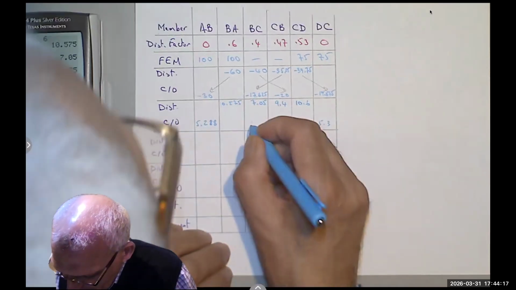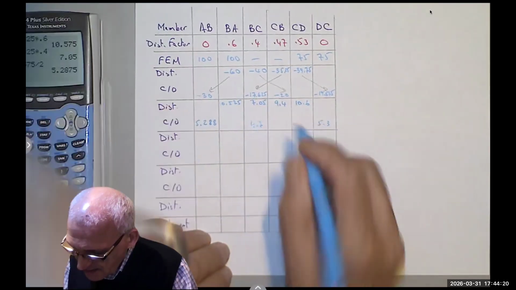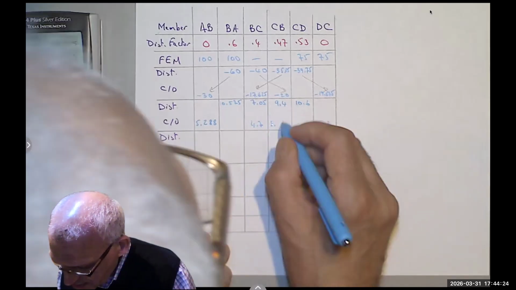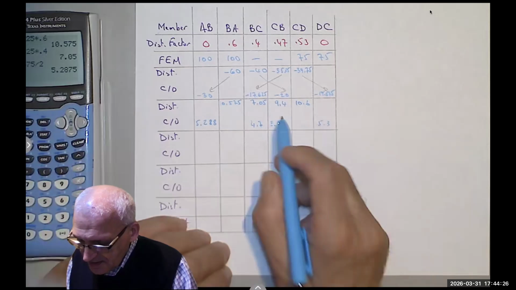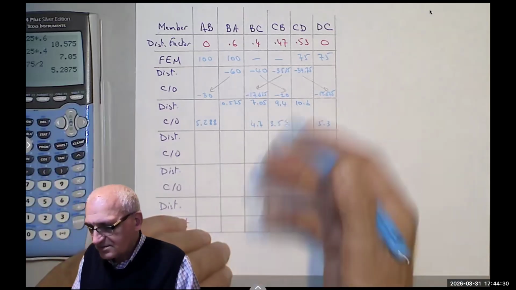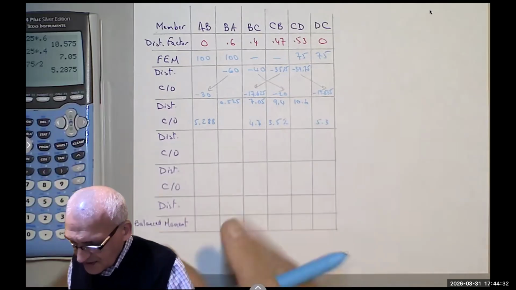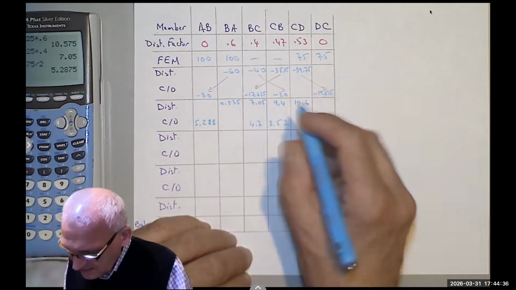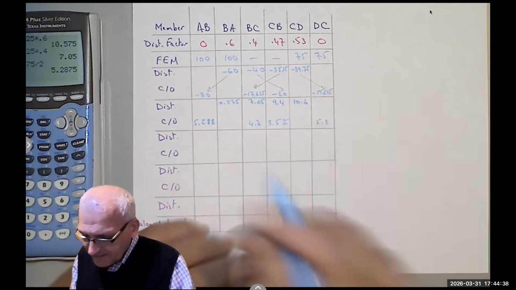This would be 4.7, and this would be 3.5. Let's make it 5.3 or 5.2. Previous time we increased, so let's decrease it. Or we can use 3 decimals since we used 3 decimals here. Okay, 2 point.